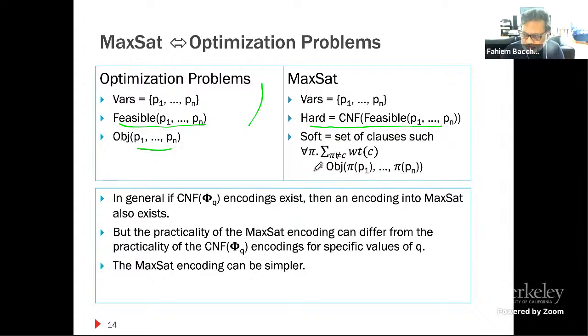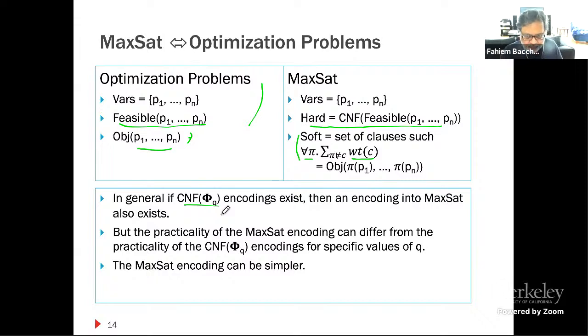What you have to do is find a set of soft clauses such that when you ask what is the amount of weight that's falsified by a truth assignment pi, it has to be equal to this objective function here. And sometimes you can do this translation to a set of soft clauses, and for some objective functions you can't. But in general, if you can get an encoding of this optimization problem into CNF, you can typically get an encoding into MaxSat.